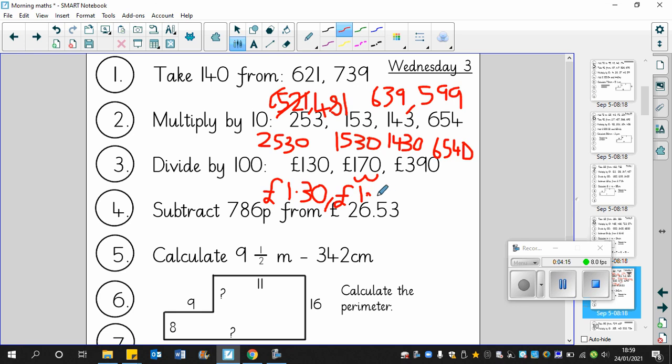And remember, the decimal point separates the pounds on the left from the pence on the right. Now the 7, we can move it 1 place so that it's in the ones column, and then we move it another place. Now that's going into the 10 pence column. So therefore we put a 7 there and a 0 there.